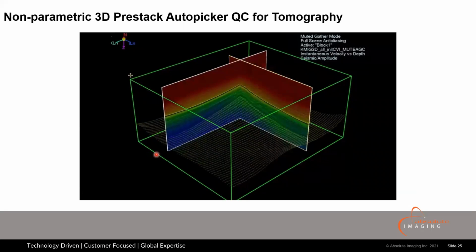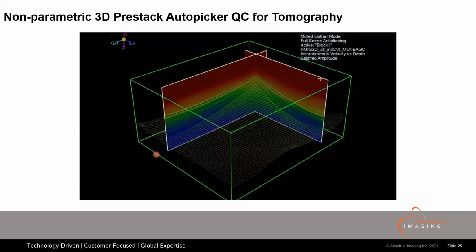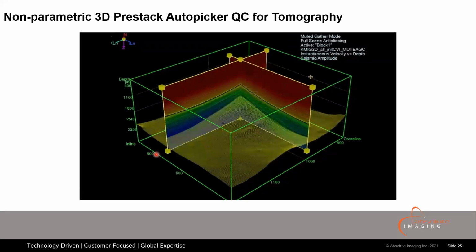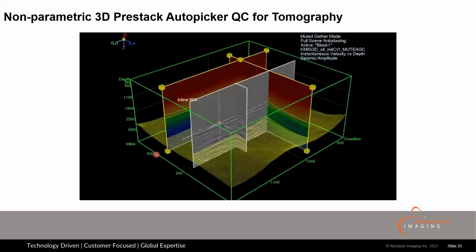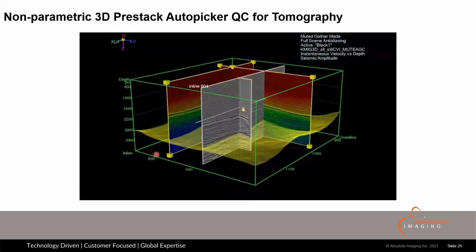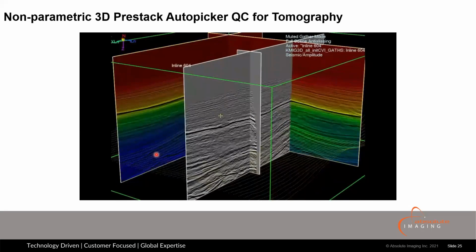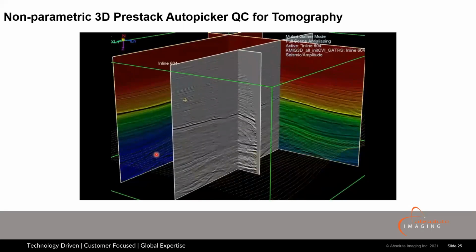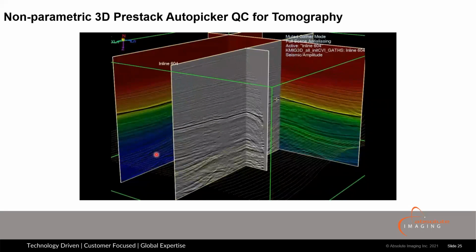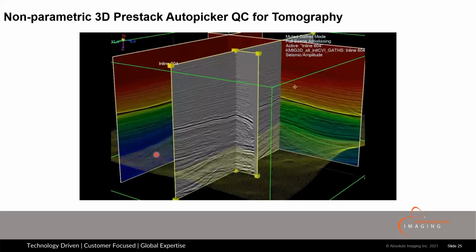We can also look in the other directions, inline and cross-line. We can slice it. We can look at the 2D pre-stack and the post-stack data sets at the same place, and look at every offset plane on the gathers, and see the gathers across the survey as well.